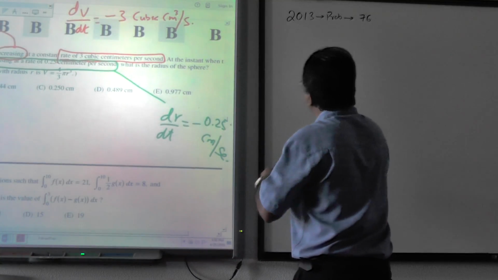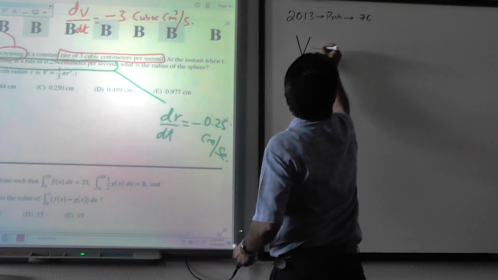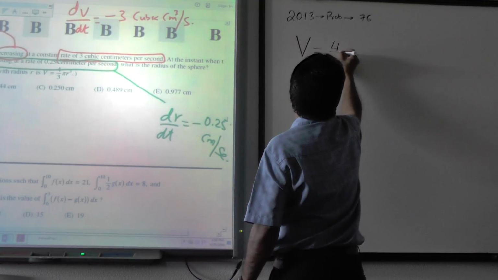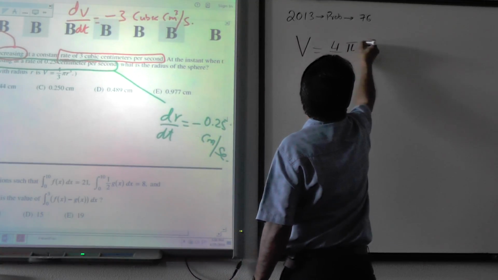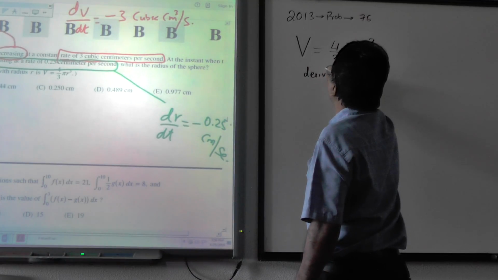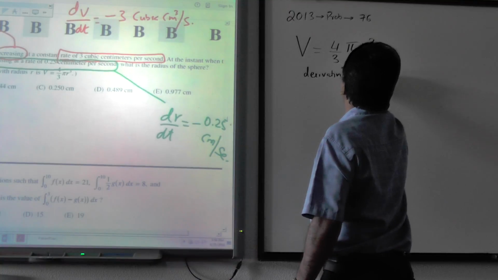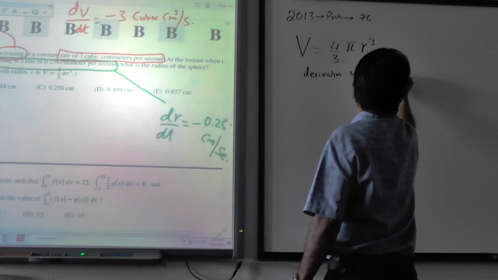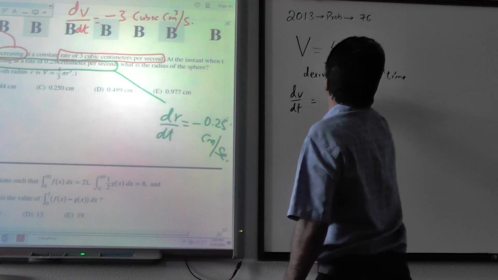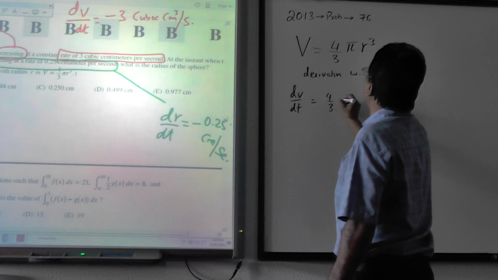V is given, and the volume of a sphere is given by the formula 4 over 3 pi r cubed. Now you have to take the derivative with respect to time t. So dV by dt equals 4 over 3 pi, which stays the same.